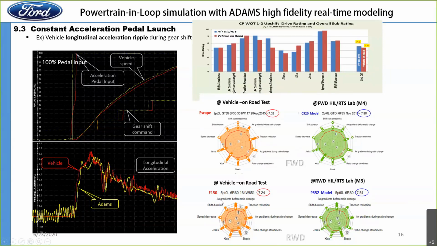This is the F-150 measuring the vehicle, and this is the F-150 measured in the cell. So overall, we have to rely on statistics, not just one exact test, to correlate the model and correlate the system.